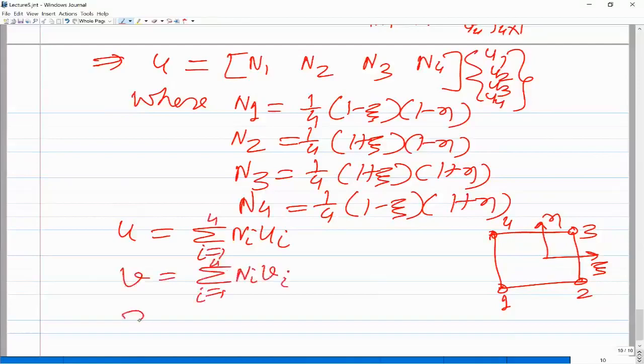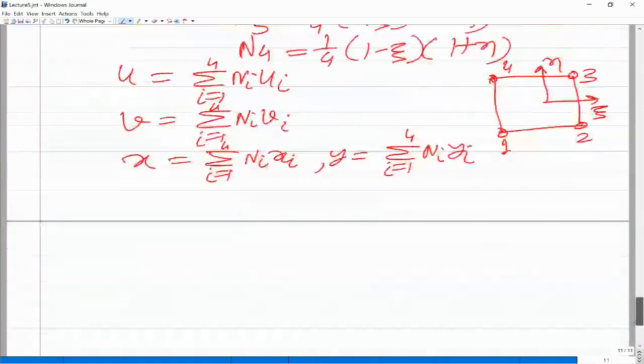Similarly, the coordinates x can be written as summation i going from 1 to 4 ni xi, and y can be written as summation i going from 1 to 4 ni into yi. The only difference in this interpolation is that ui and vi are the unknown quantities, whereas xi and yi, which are the x and y coordinates of the ith node, are known quantities. So now you have the same kind of an interpolation.